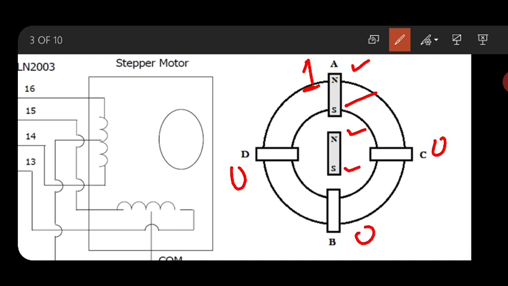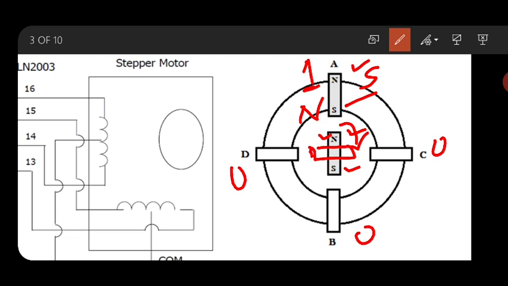Assume this will become N here and this will become S. Now this is N here and this is N. Both N and N will repel. When they repel, it will take a turn, which means the inside rotor will move in this direction.